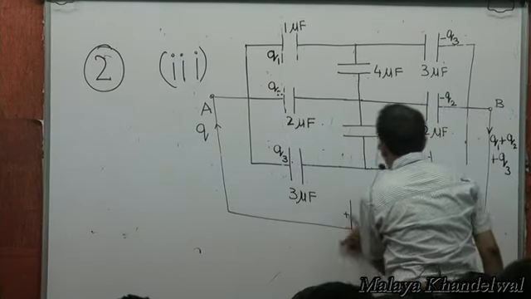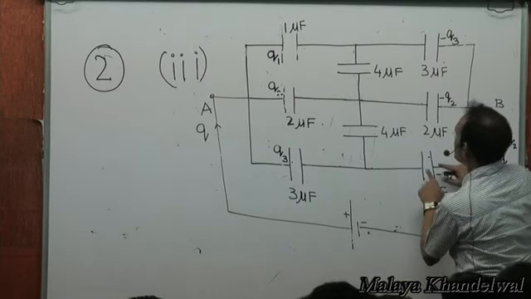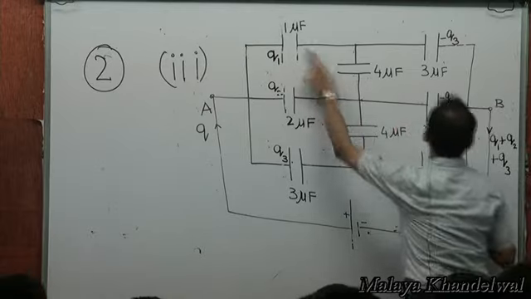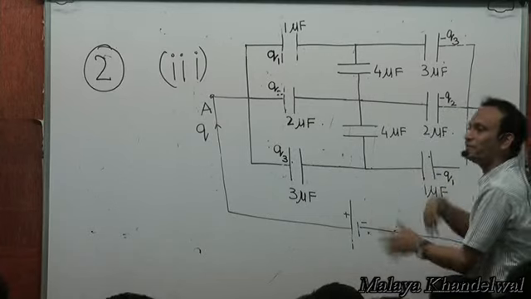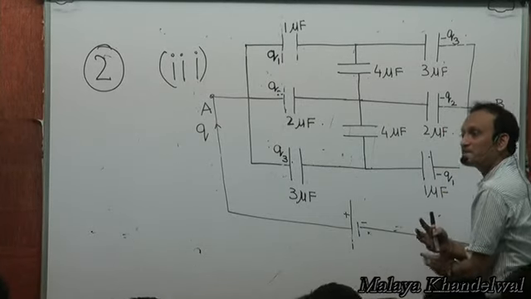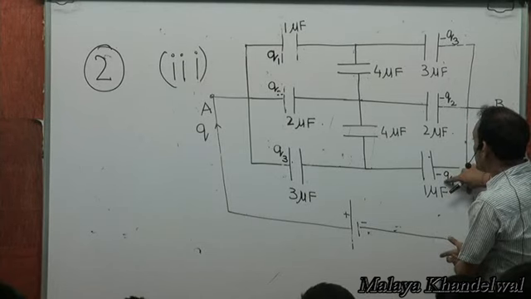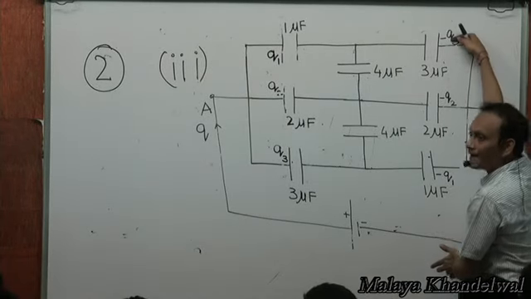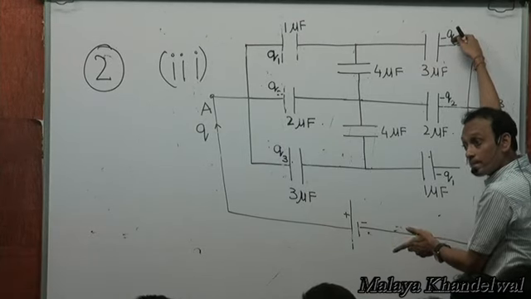If I reverse the terminals of the battery, then realize, this one essentially will be the same as this one, this 2 would be the same as this 2, this 3 be the same as this 3. The circuit will become the same. There would be symmetry, right? This would become plus Q1, this would become plus Q2, and this will become plus Q3 if I reverse the terminal of the battery. Yes or no?